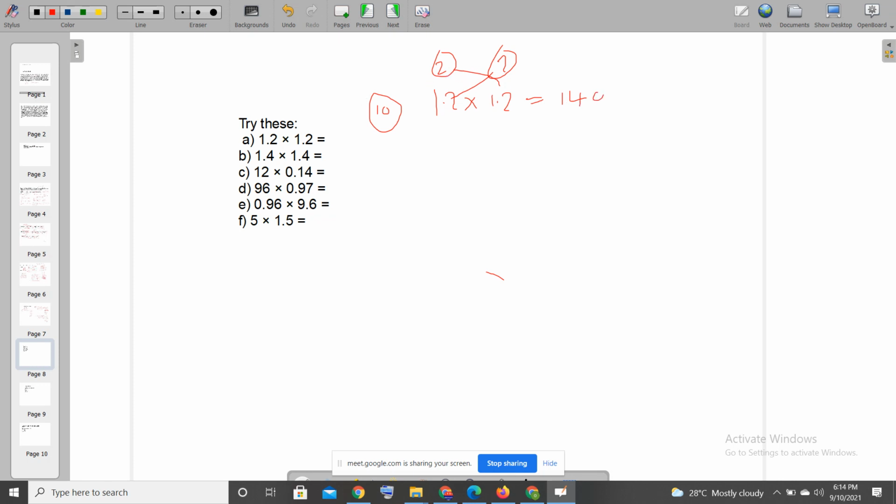So your 0 will come. Then you have to multiply the top, which is 4 plus 4. So your answer will be 4, 4, 1.